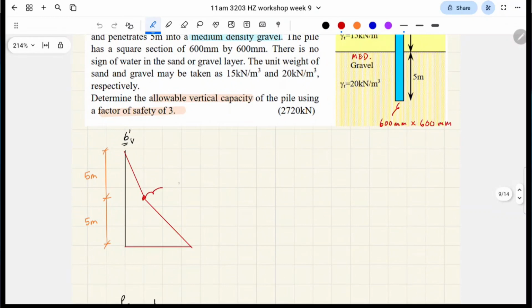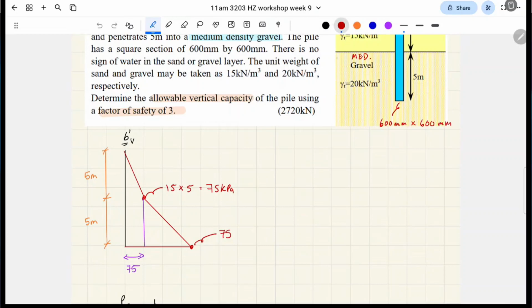So we're gonna have to calculate these key points here, firstly, and we do that using the unit weight and the depth. So the unit weight was 15, we multiplied by 5, because it goes down by 5, 75 kPa. And then at the very bottom, we have to carry on the stress distribution this way, so this amount is 75, right?